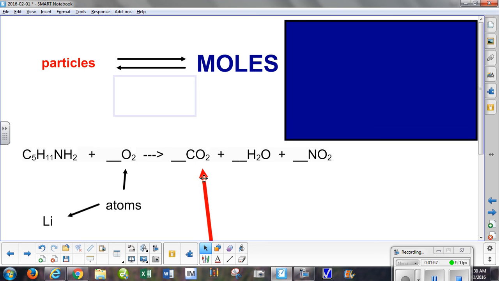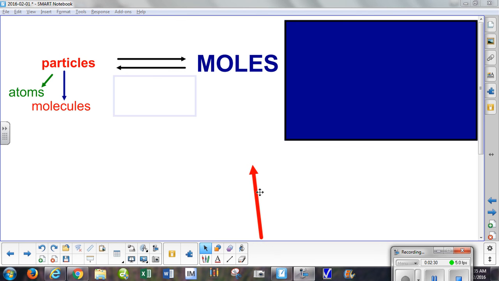And here we could have molecules. I've made the color change here so that you can see that this all applies to molecules. But molecules are here, here, and here. And going back to atoms, this represents the atom oxygen actually bipping around in pairs. And then we could also see just lithium here on its own. So now you can see particles are either atoms or molecules.